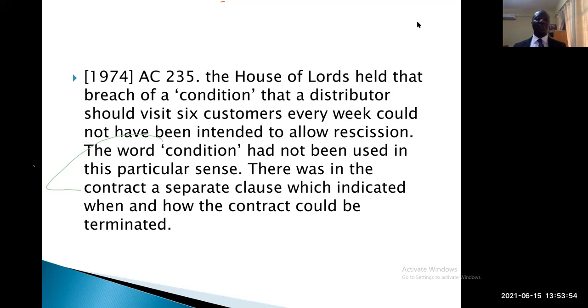And the usual consequence is that a breach of condition will justify termination of the contract, but that was not to be.